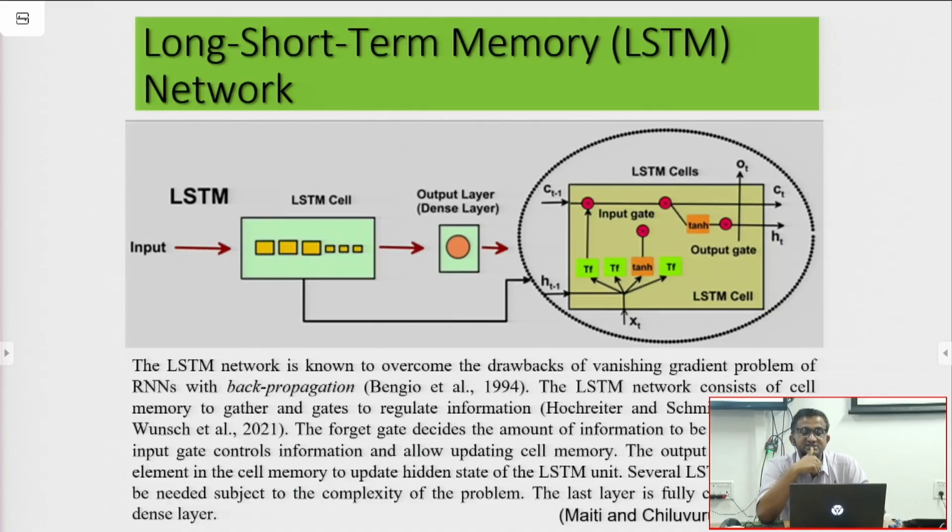One is c_t-1, another is c_t. So the previous state of information and the present state of information have some relation when the cell is processing. And this way it has the flexibility: what information is immediately required, we can keep; what is not immediately required, we can forget. So there is no problem as such of information storage in the LSTM network.